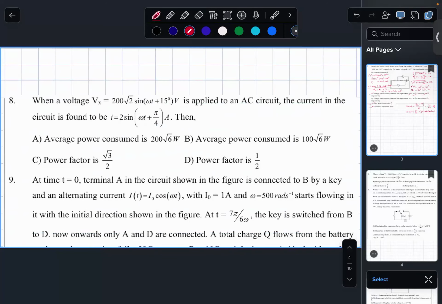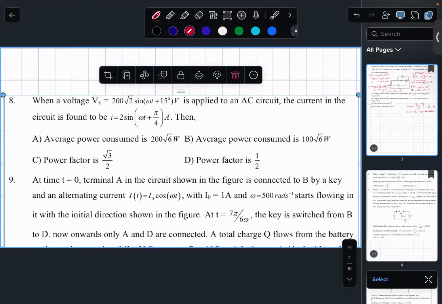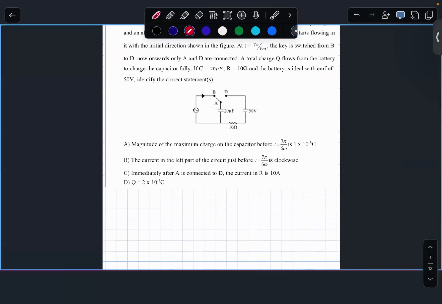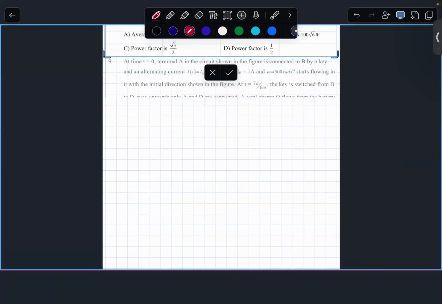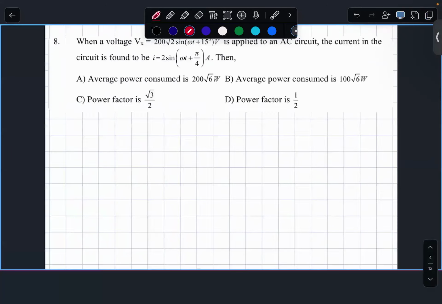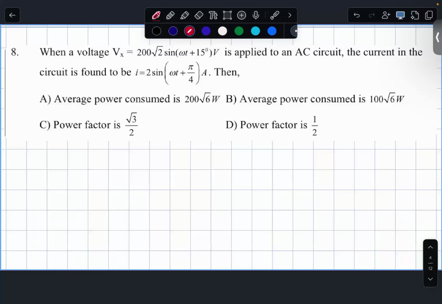Right. You have a situation here. Make it fast. When a voltage Vx is applied to an AC circuit, the current in the circuit is so and so, then you can see that in fact current is leading by 15 degrees.